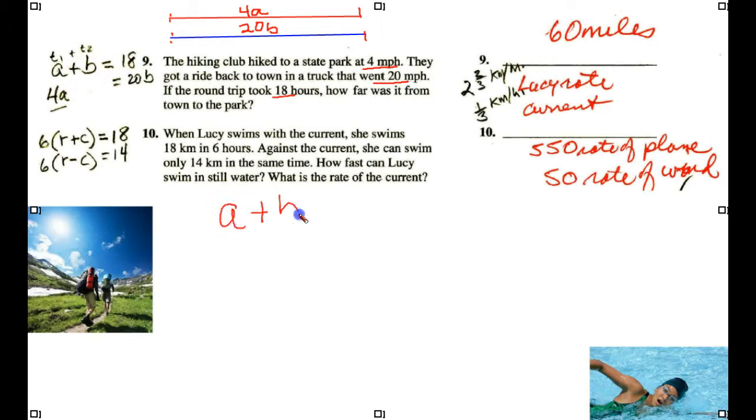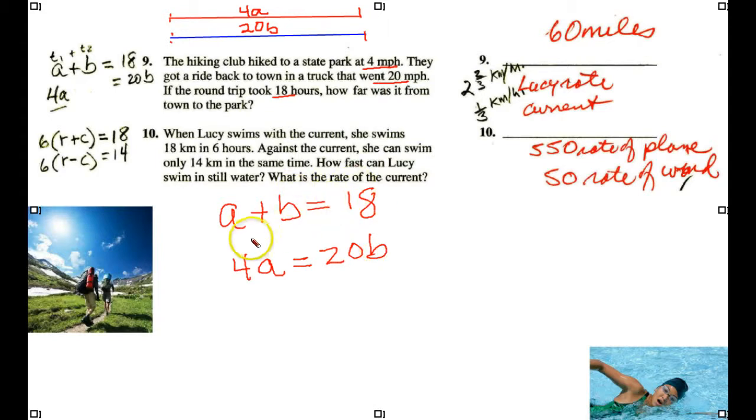A plus B equals 18, and 4A equals 20B. Here, this is distance. Here, this is time. So rate times time equals rate times time.